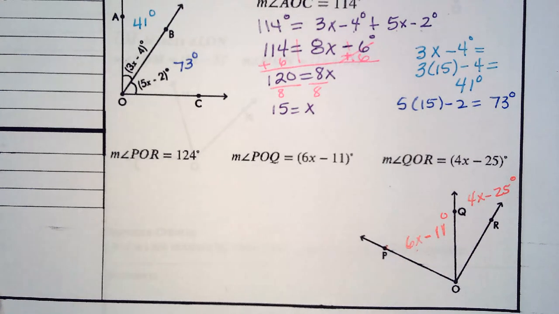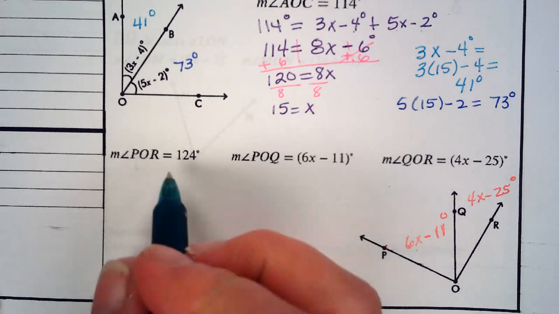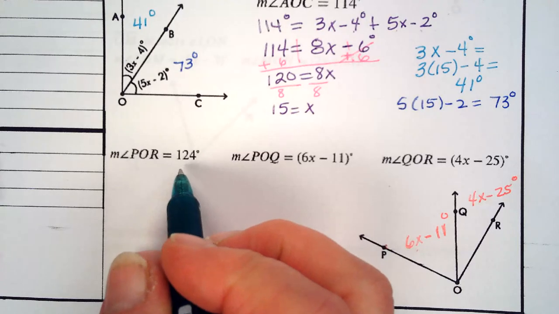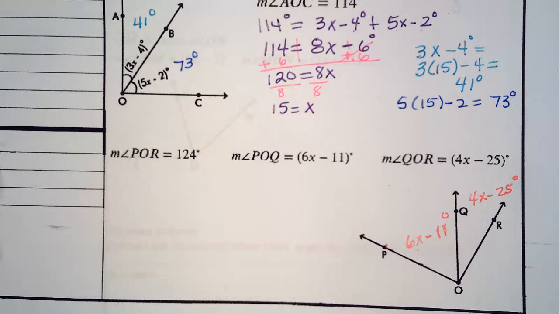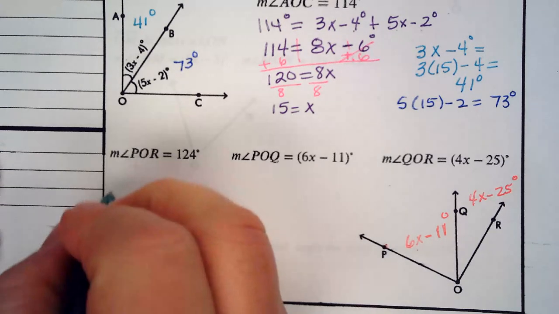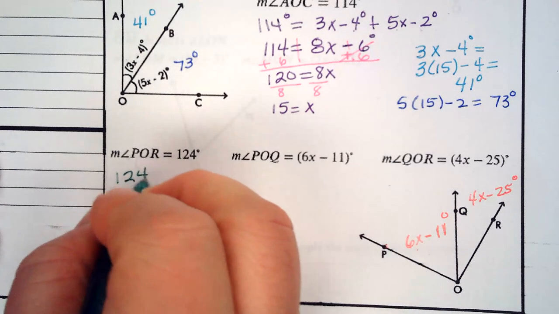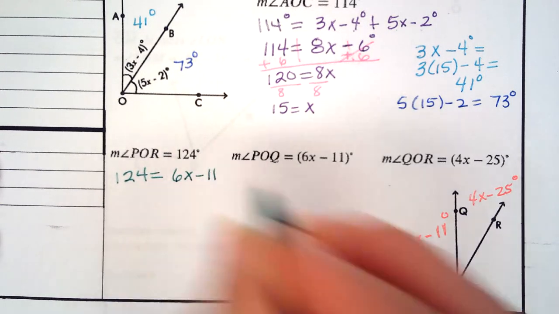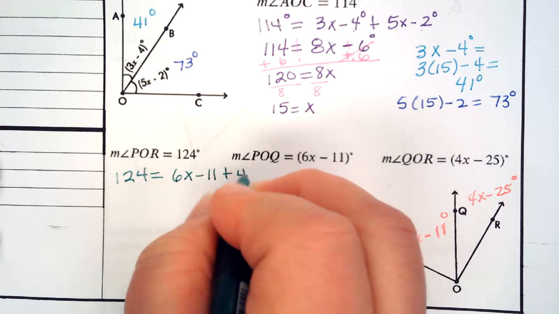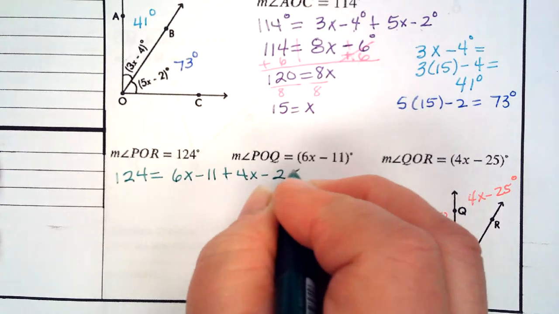So if we're looking at this, the total of the two is 124 degrees. That's what you get when you add them up. Can you set up the equation now? 124 is equal to 6x minus 11 plus 4x minus 25.